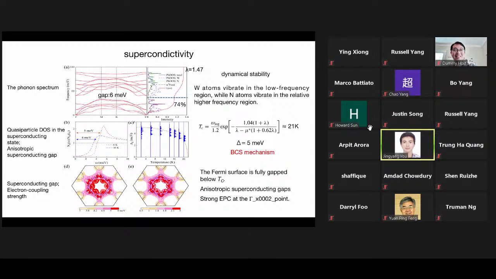6 meV. From the cumulative frequency-dependent electron-phonon coupling, we find that the low frequency phonons from the vibration of tungsten atoms account for 74% of the total EPC, and the total electron-phonon coupling is about 1.47.